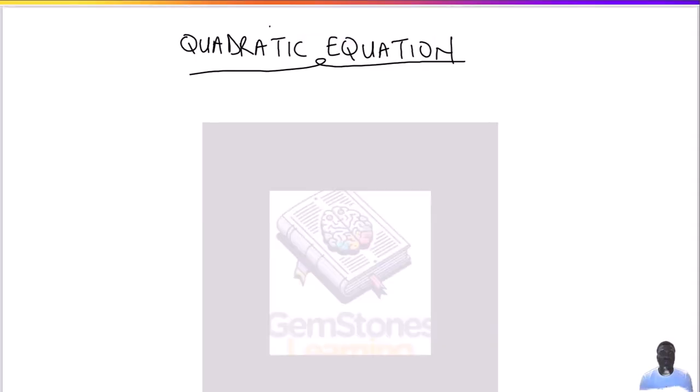First, what is a quadratic equation? A quadratic equation is simply a three-termed expression where the highest power of the variable is 2. When the highest power of the variable is 1, we call it a linear equation. When the highest power of the variable is 2, we call it a quadratic equation. When the highest power is 3 and above, we call it a polynomial.